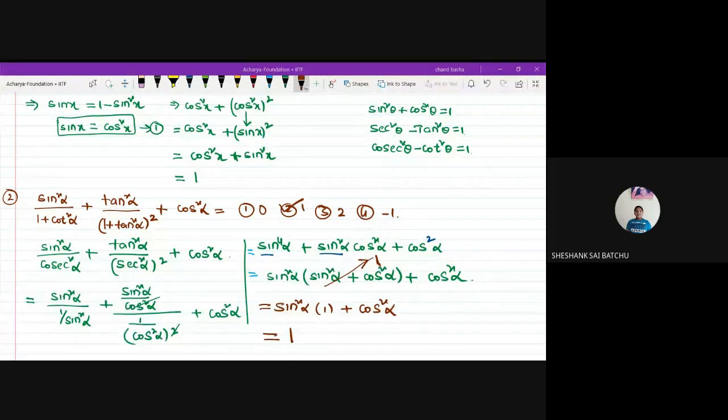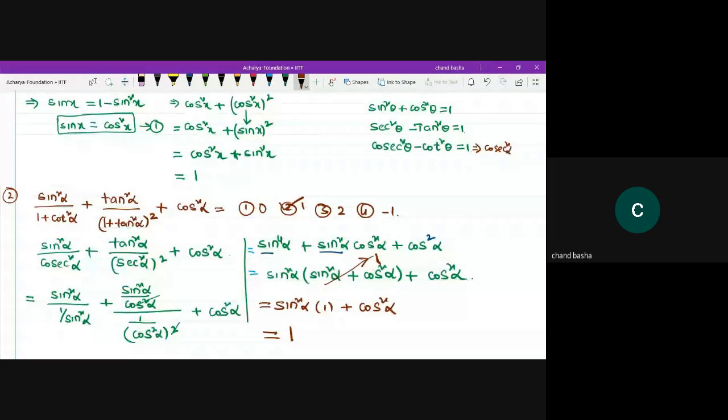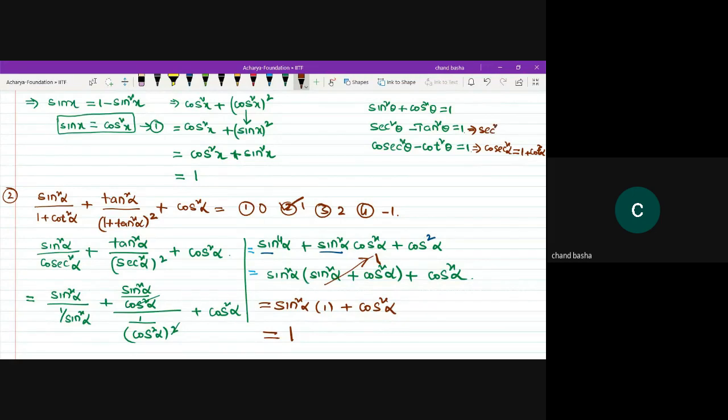Sir, that means we can say that 1 plus cot square alpha is equal to 1 by sin square alpha. 1 plus cot square alpha, I have already given to you: cosecant square alpha is equal to 1 plus cot square alpha. Similarly, sec square alpha is equal to 1 plus tan square alpha.